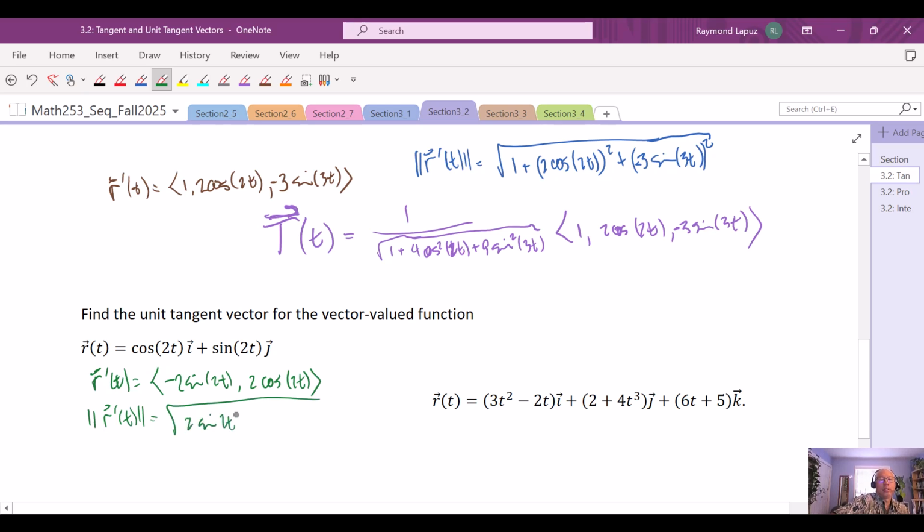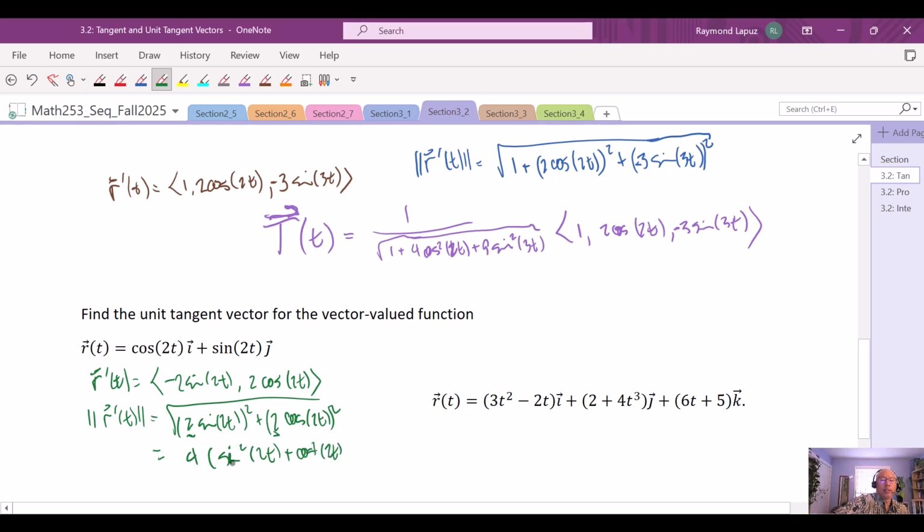This is the square root of (2 sine 2t) squared plus (2 cosine 2t) squared, and we get a 4 out of both of these, and then what we have left is sine squared 2t plus cosine squared 2t.